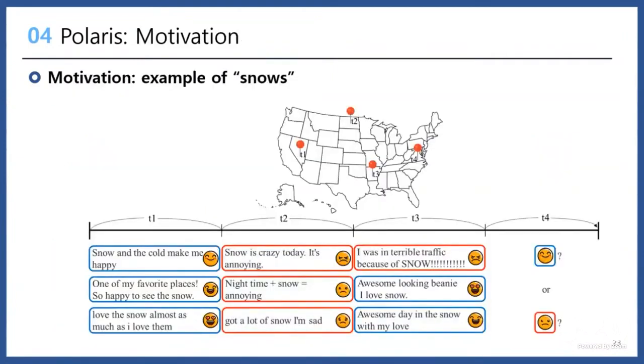In the Polaris system, we use tweet data to analyze the positive and negative sentiment of a particular event. This figure shows the positive and negative analysis by time and reason when it snows. This analysis allows us to predict the emotions of a particular reason at the following time.